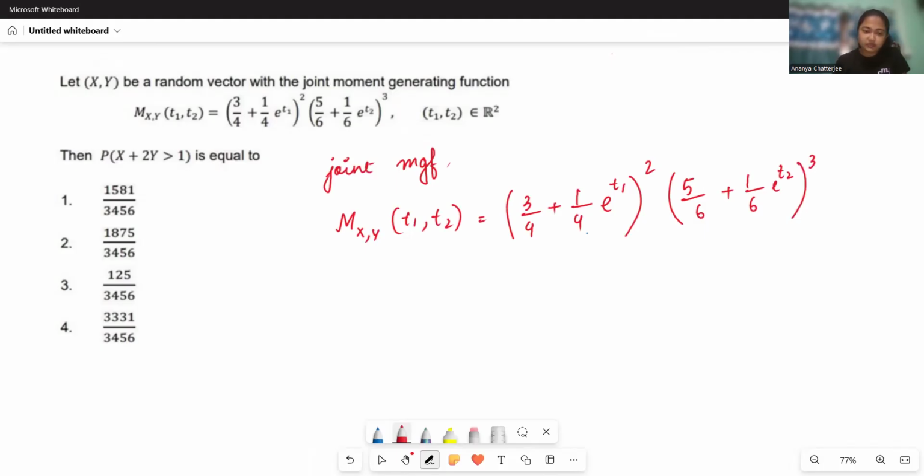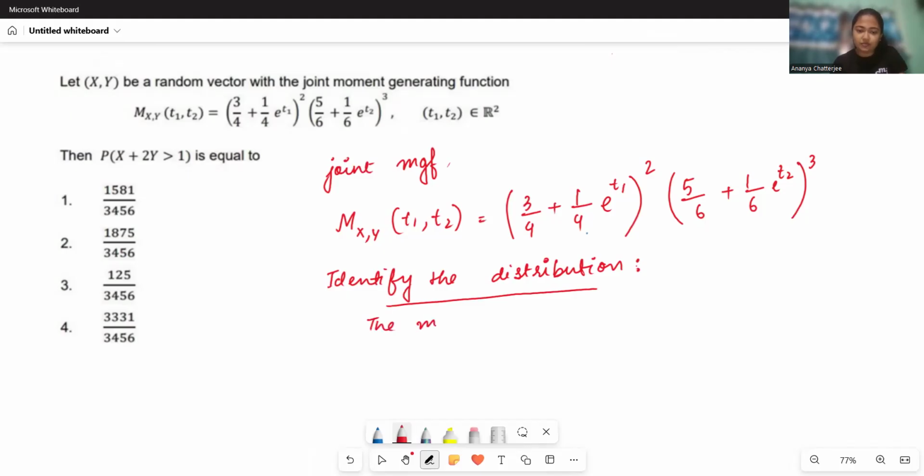Right? Now here we identify the distribution using the MGF. So here we can see the MGF of a Bernoulli distribution.